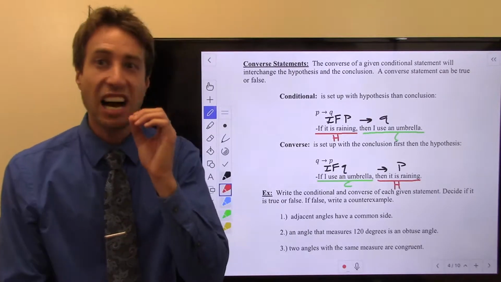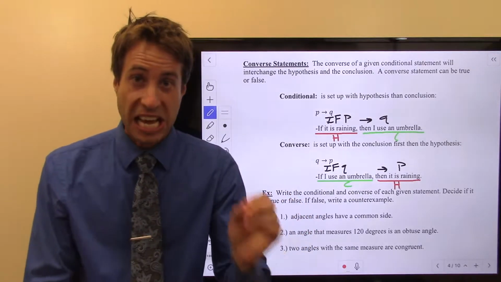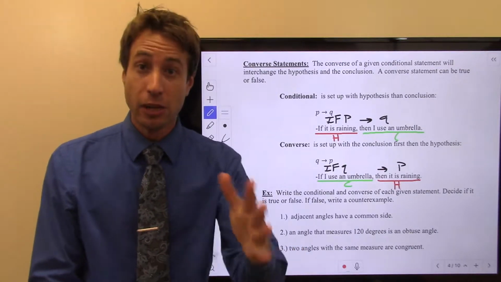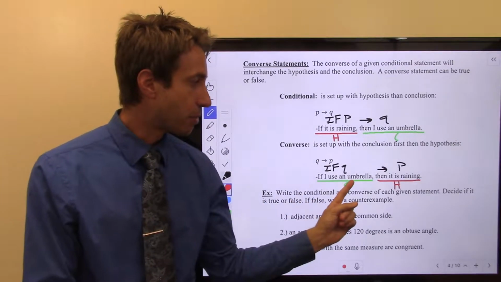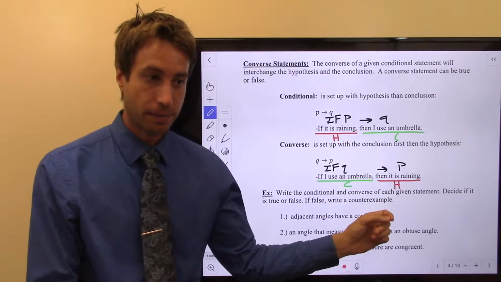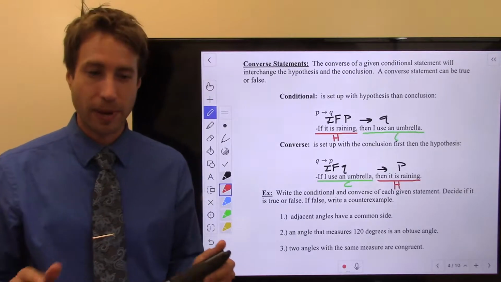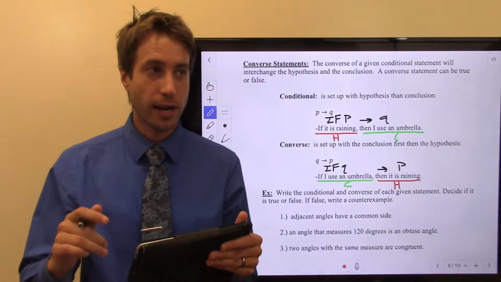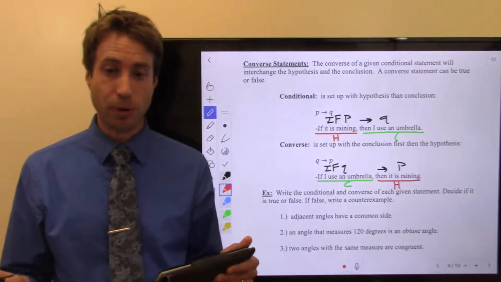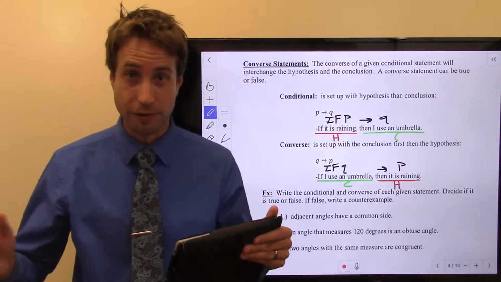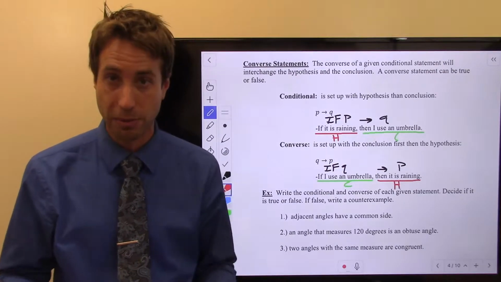Now, a whole different discussion is the validity of a converse statement. Okay? Take a look at it. If I use an umbrella, then it is raining. Is that true? No, I have seen plenty. Right now I live in the state of Florida, and I have seen plenty of people walking around with an umbrella when it is not raining just to give themselves some shade from the sun, which during the summer is incredibly intense.